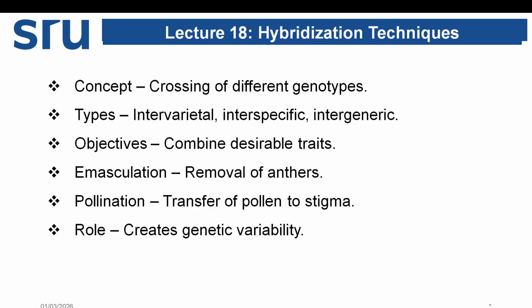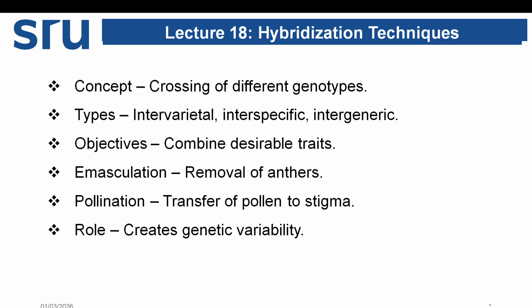Lecture number 18 will deal with different hybridization techniques. First we will see what exactly hybridization is, that is, crossing of different genotypes. Then types of hybridization: intervarietal, interspecific, and intergeneric. Next, the objectives of hybridization.